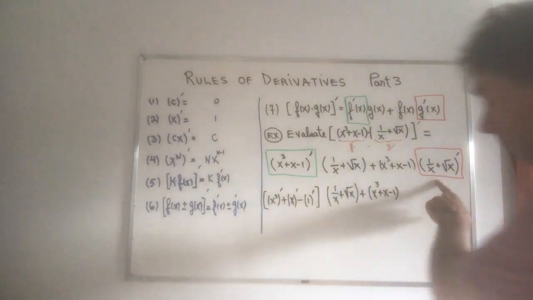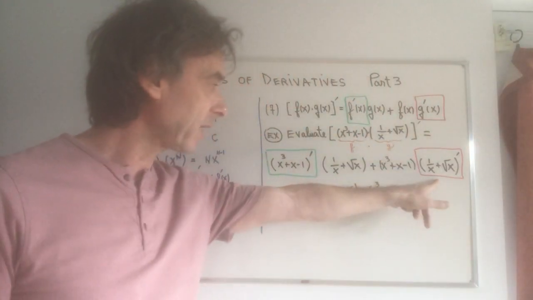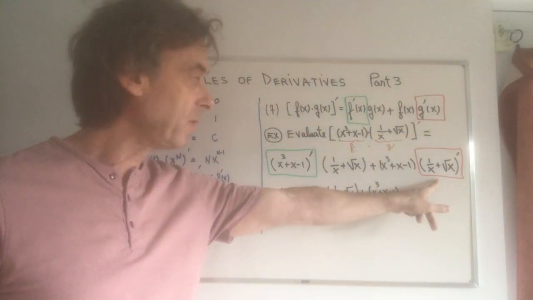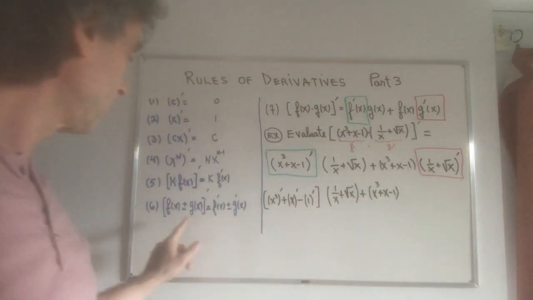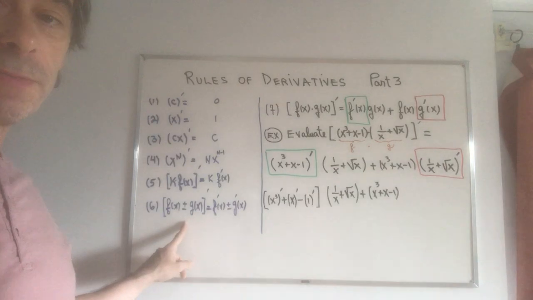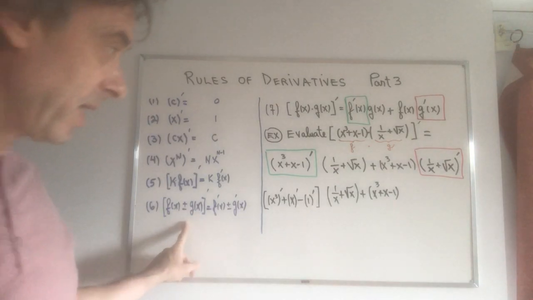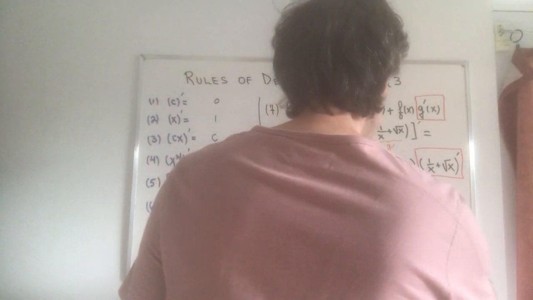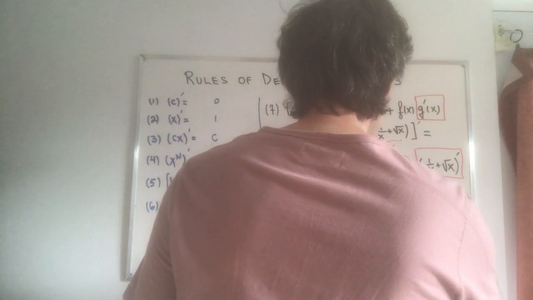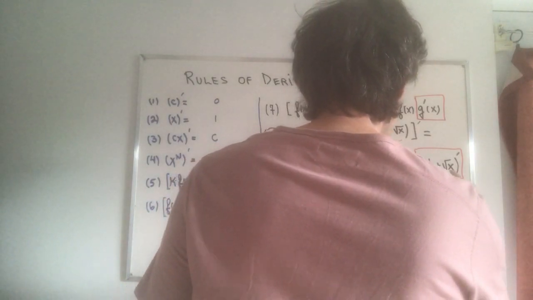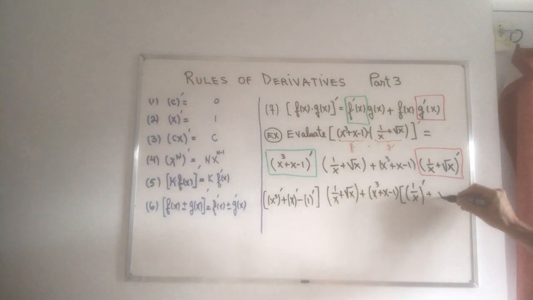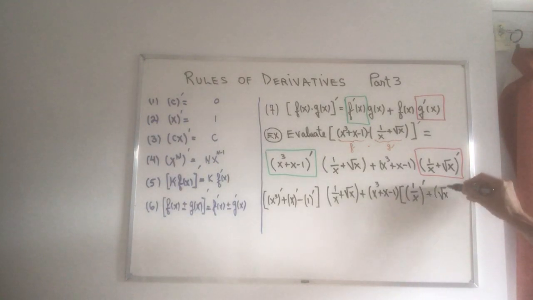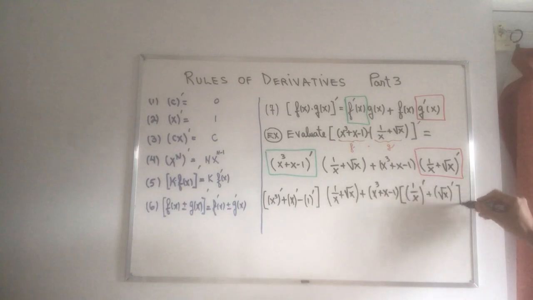Here comes the prime of 1 over x plus root x. What rule do you think we should be using on this? Two functions separated by a plus, so I'm going to give the prime to each one. So I am going to give the prime to 1 over x, and I am going to give the prime to the root of x. There we go.